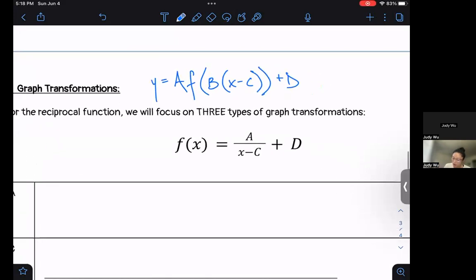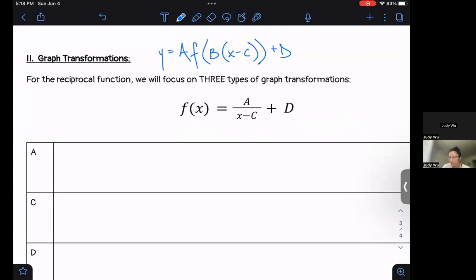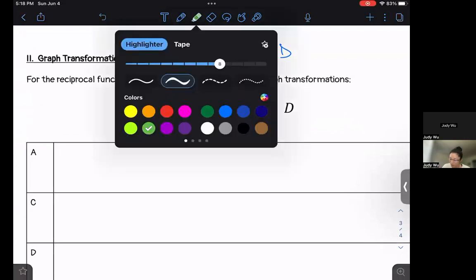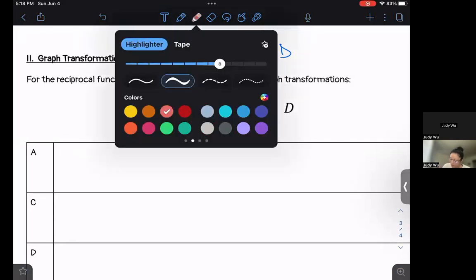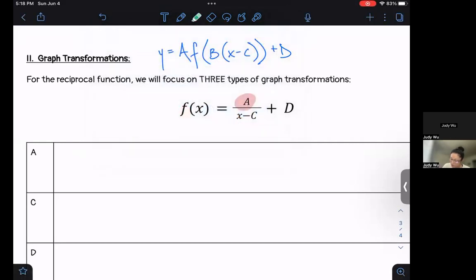But for us, we're only going to focus on 3 of those graph transformations: our A, our C, and our D. We're not going to worry so much about B, because it's a little hard to see what's happening with the stretches and shrinks vertically and horizontally here.